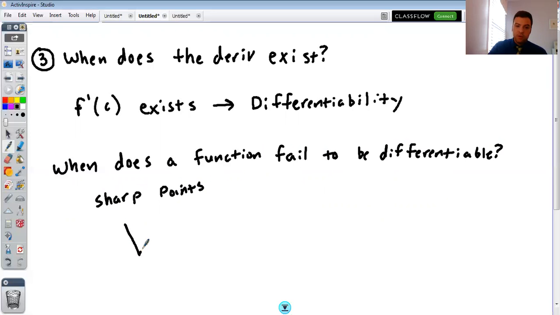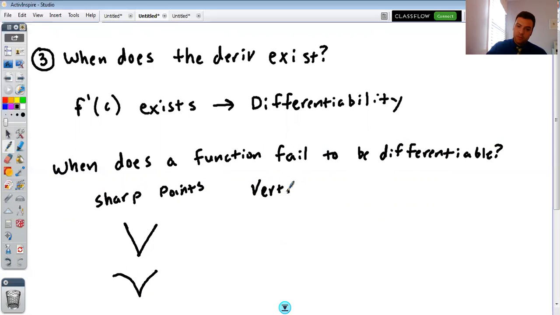Everybody likes the absolute value function. We can see that the absolute value function, the slope here is maybe -1. And then at this instant right here at the vertex, it changes to a +1. There would be a jump. If we were to graph the derivative, there would be a jump on the derivative graph at that point, so it fails to exist. Remember, it can also kind of go like this. If you have a piecewise look, any sharp point, the derivative, the slope fails to exist at that point.